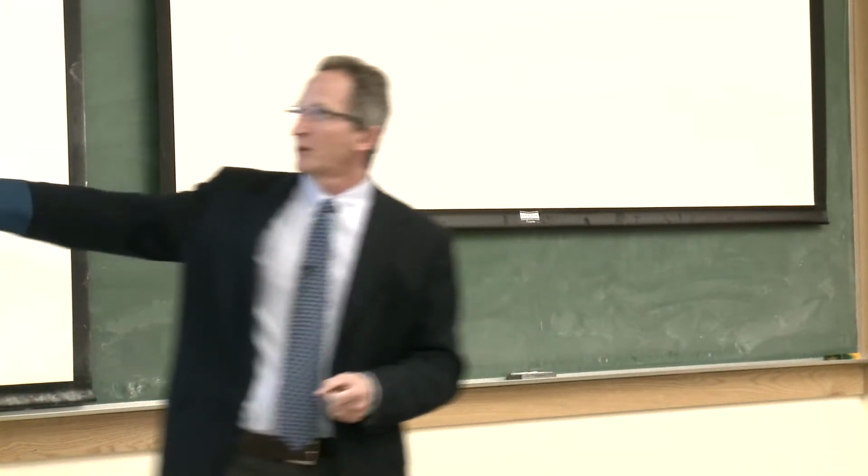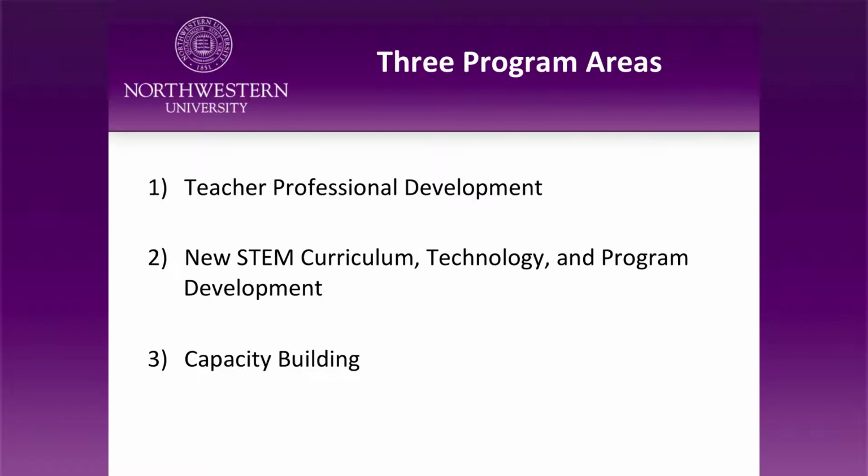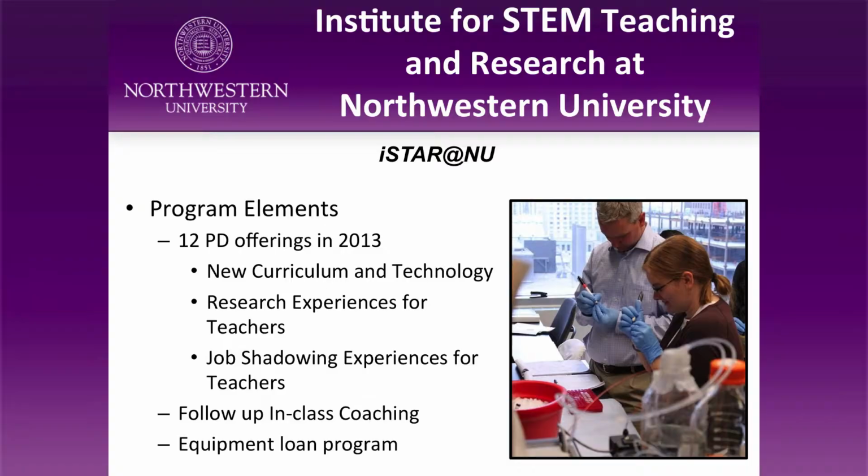So basically, our work is divided into these 3 areas: teacher professional development, doing curriculum or activity or technology development, and then kind of a catch-all kind of capacity building after. Those are our big silos of work, and there's little stuff outside of there. But so for example, our teacher professional development we call the Institute for STEM Teaching and Research at Northwestern.